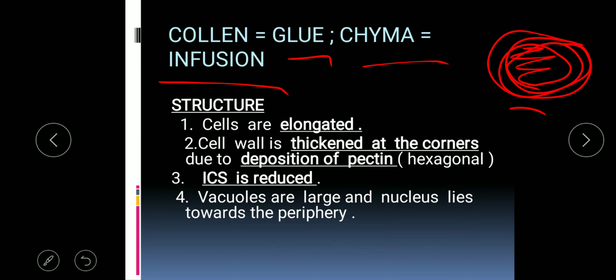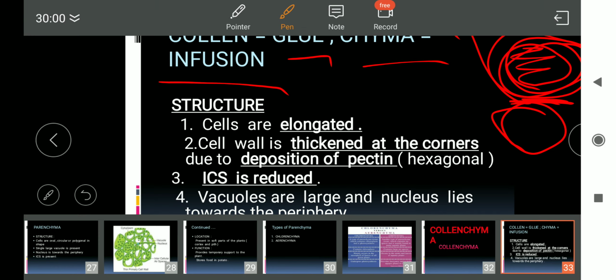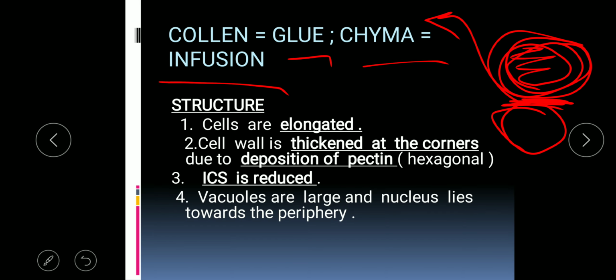And when two cells are sticking together, such type of tissue will be known as what? Collenchyma. When two cells stick together, and this sticking is possible due to a glue-like material, this type of tissue is known as collenchyma.